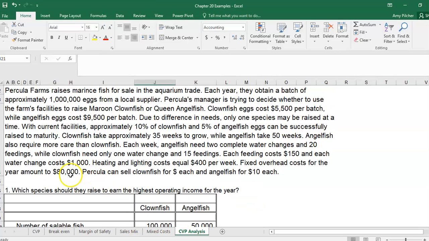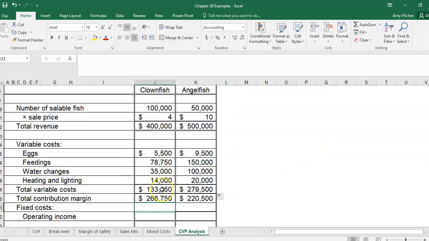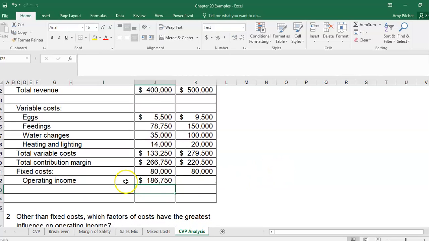It says that our fixed costs are $80,000. So our operating income is total contribution margin minus fixed costs. So we have a higher operating income with clownfish. If we were just wanting to decide which one gave us a higher operating income, our choice would be clownfish.